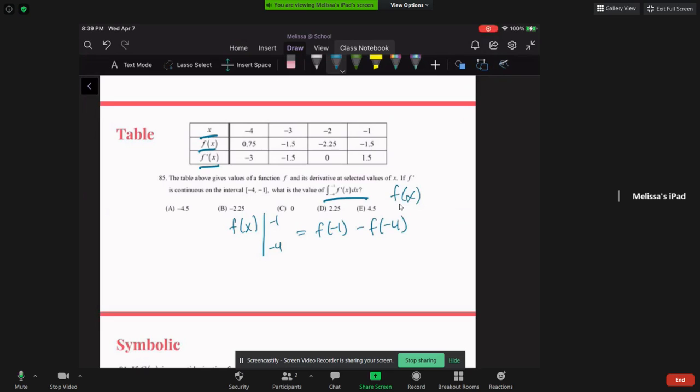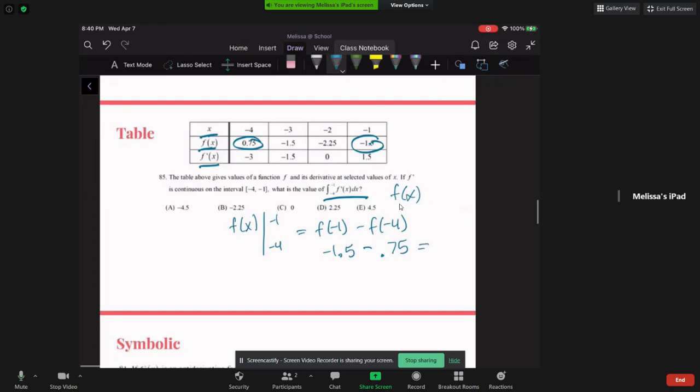On our table, under the function f of x, at -1 the value is -1.5, minus the value at -4, which is 0.75. That gives us a value of -2.25, which would be B.